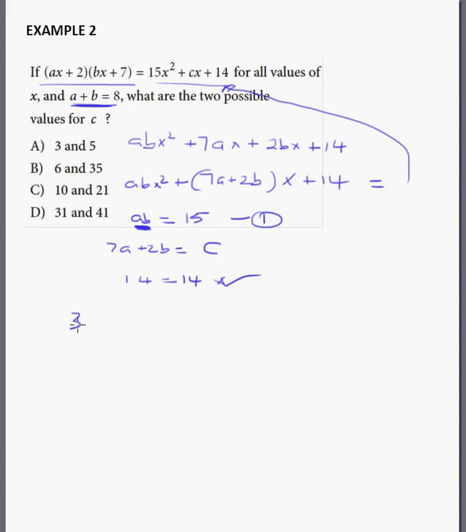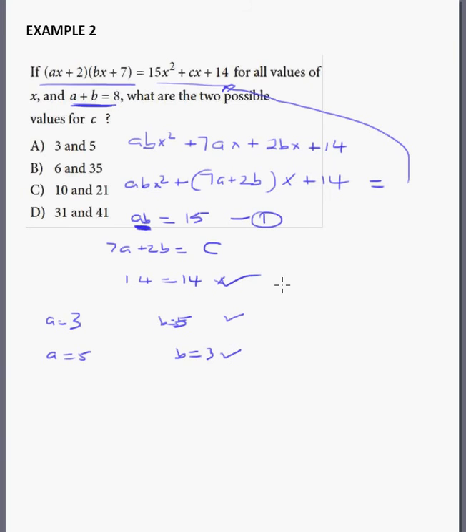So I can say a is equal to 3, b is equal to 5, or a is equal to 5 and b is equal to 3. When I multiply a and b, I get 15. When I add a and b, I get 8. So at least I know that these are true.